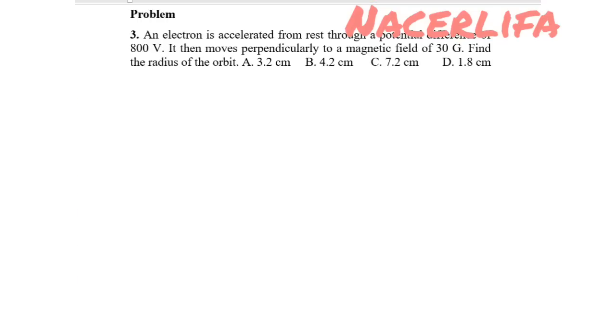Problem 3 says an electron is accelerated from rest through a potential difference of 800 volts. It then moves perpendicularly to a magnetic field of 30 Gauss.